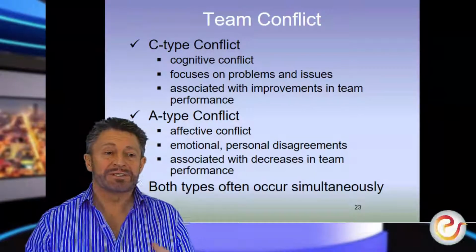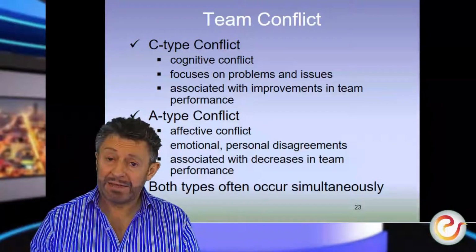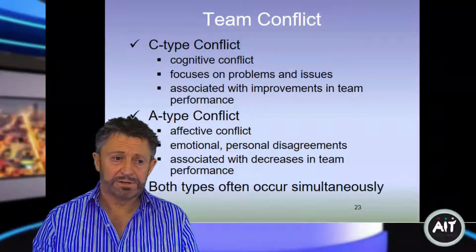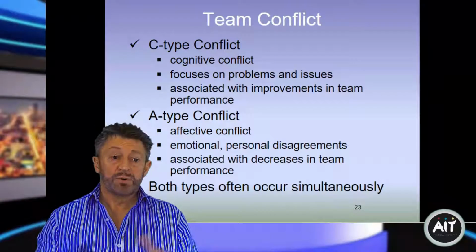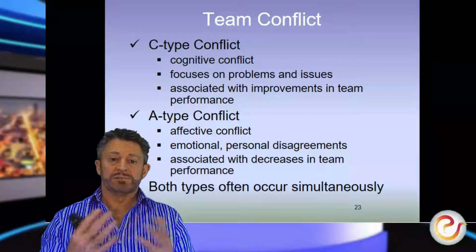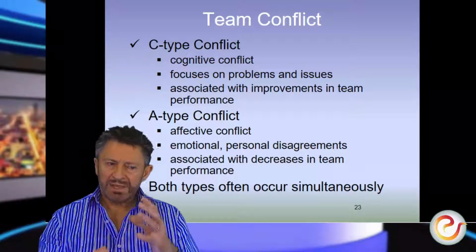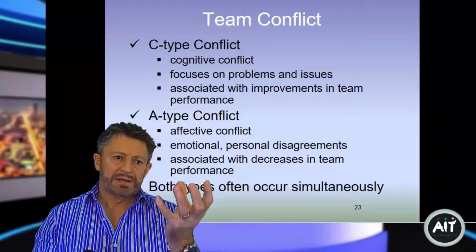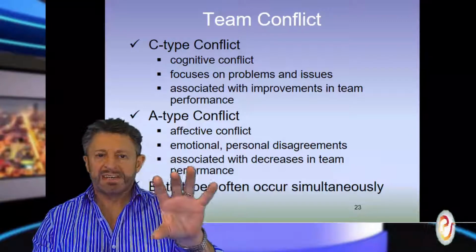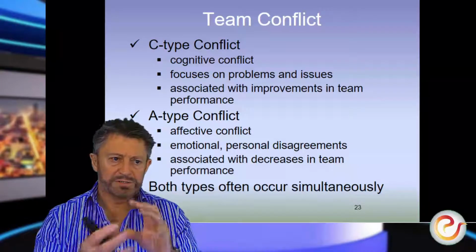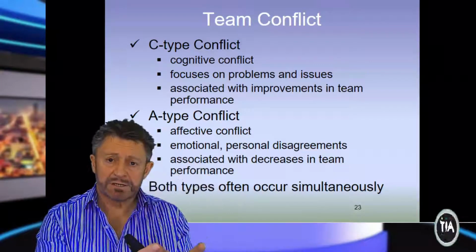So the point about it is, it can be healthy. Don't get me wrong, it can be healthy. So both types often occur simultaneously. And often you find that in the case of C, for example, where you don't have all the details and so on, frustration kicks in.